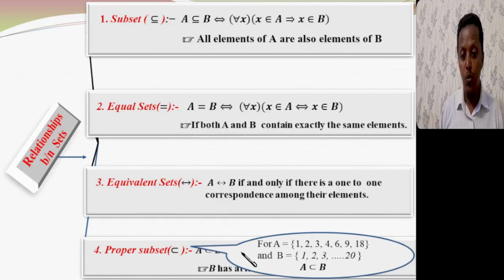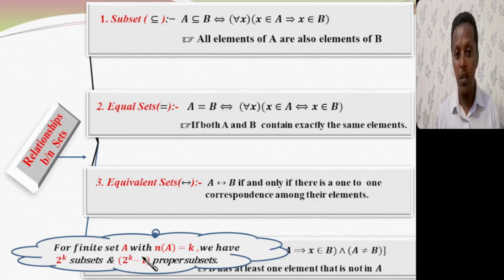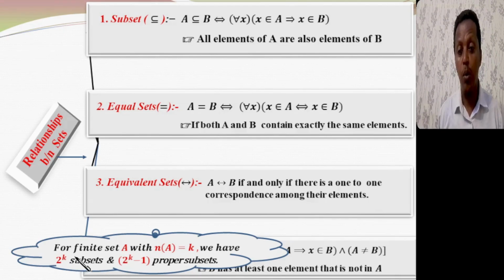In addition to relationships between two sets, it is possible to determine the number of subsets and the number of proper subsets of a given set. For a finite set A with number of elements equal to k, if set A contains k elements, then we expect 2 to the power of k subsets, and 2 to the power of k minus 1 proper subsets of the given set A. The reason we subtract 1 is because any set is not a proper subset of itself.